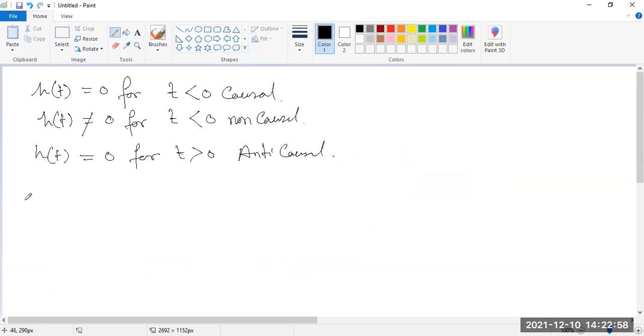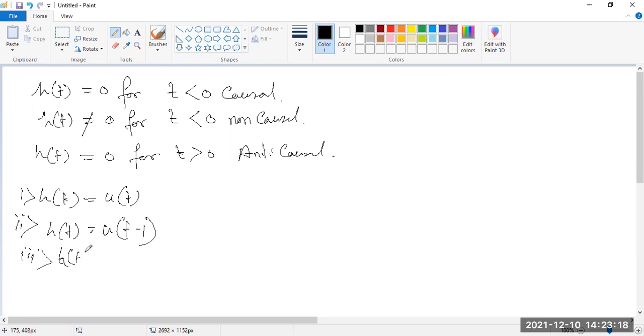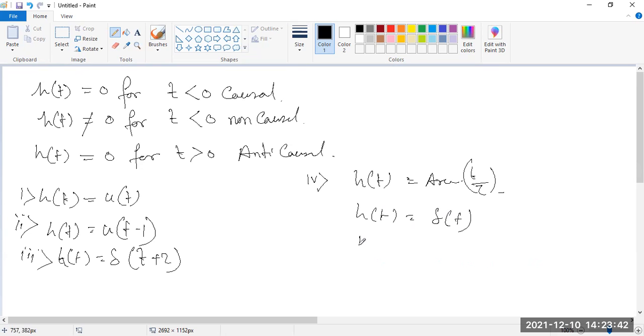Okay, so if it is given to you: 1, h(t) is u(t); 2, h(t) is u(t minus 1); 3, h(t) is delta(t plus 2); then 4, h(t) is a rectangular function of t by tau; 5, h(t) is delta(t plus 1) plus delta(t minus 1).